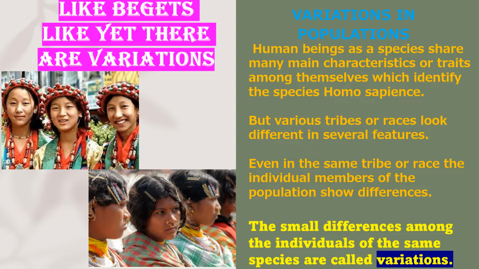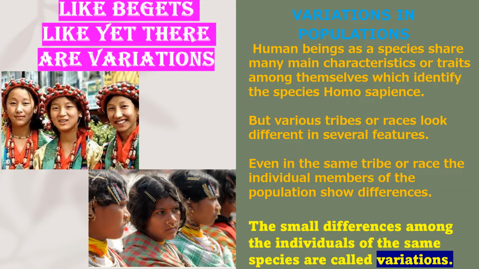Human beings as a species share many main characters or traits among themselves which identify the species Homo sapiens. We can see here these two are two different tribes. These two tribes come under Homo sapiens. But various tribes or races look different in several features.